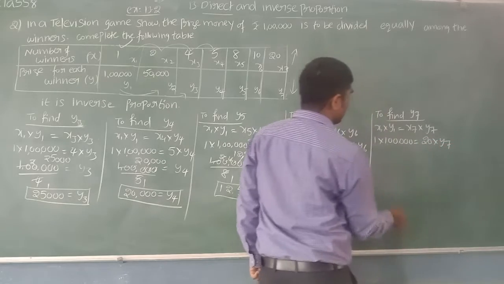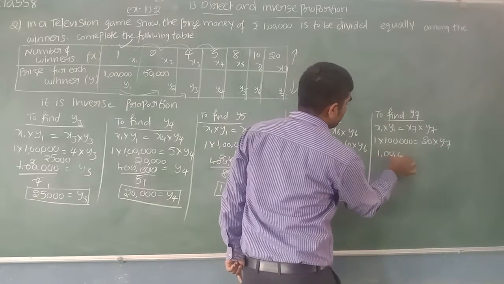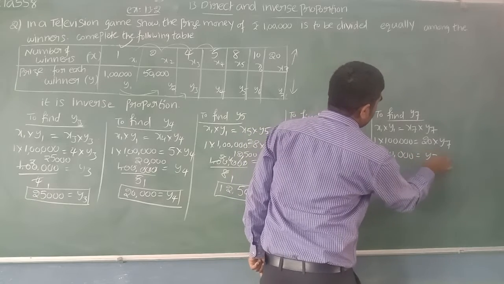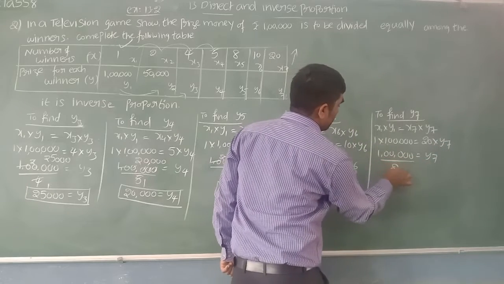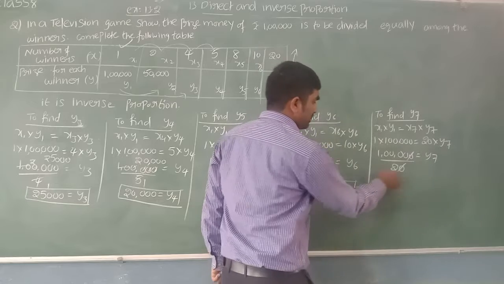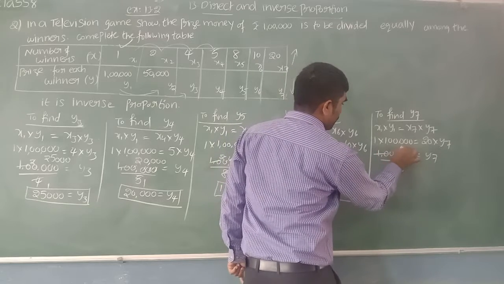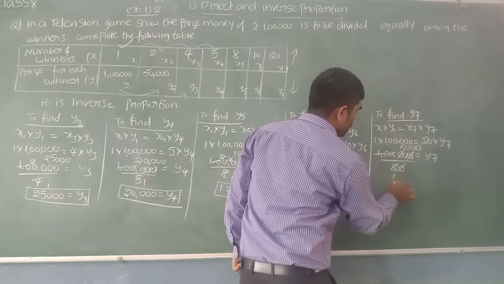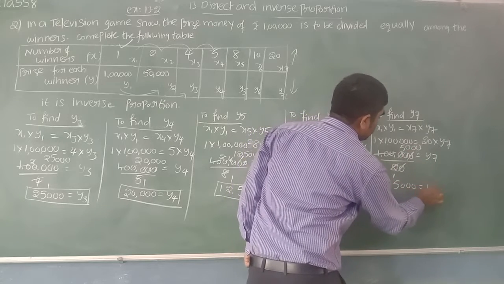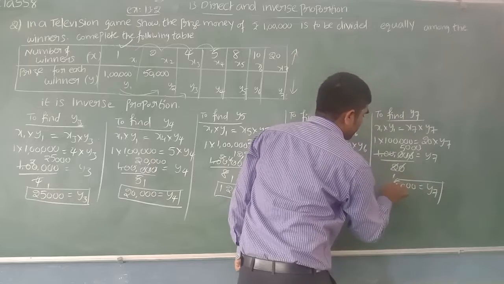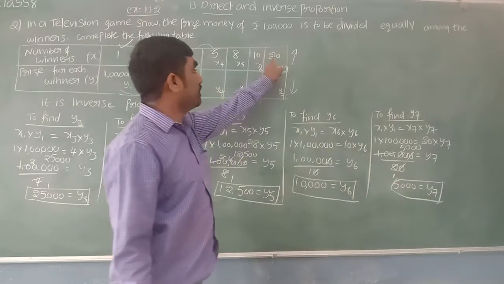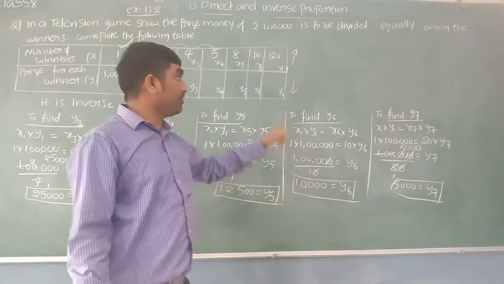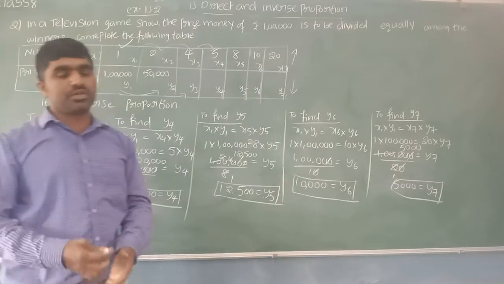So 1 lakh is equal to y7 into 20; transposing 20, the zeros cancel. 2 fives are 10, so 5,000 is equal to y7. It means if there are 20 winners, the prize money of each winner is 5,000 rupees.